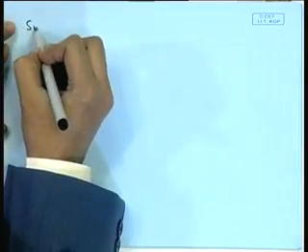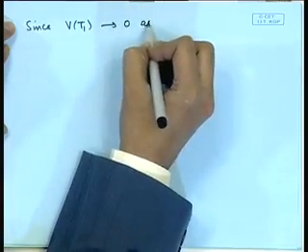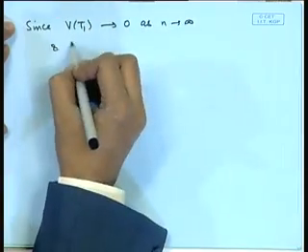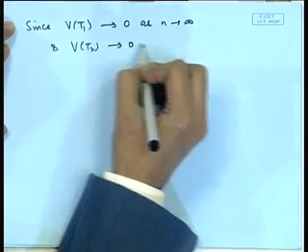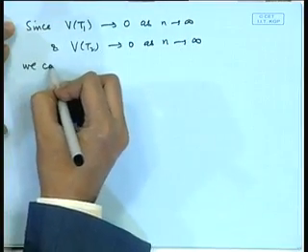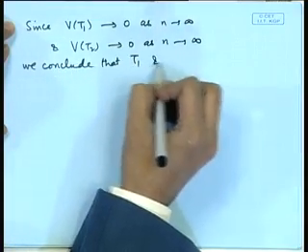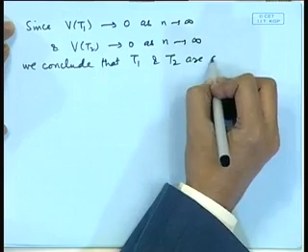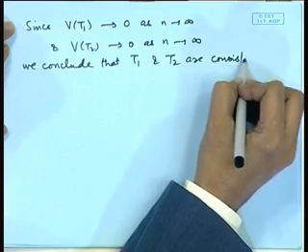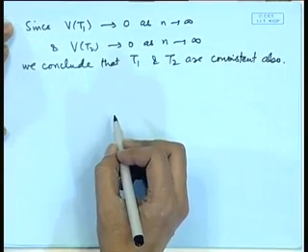So, since the variance of T1 goes to 0 as n tends to infinity and the variance of T2 goes to 0 as n tends to infinity, we conclude that T1 and T2 are consistent. So, we have two estimators, both of them are unbiased, both of them are consistent also.